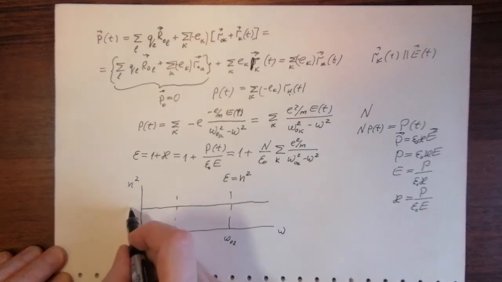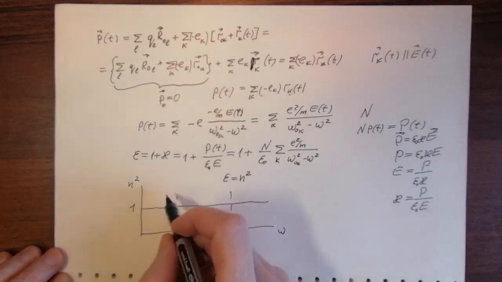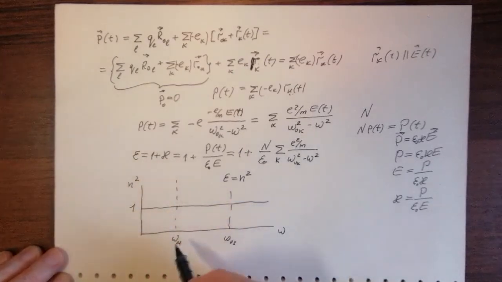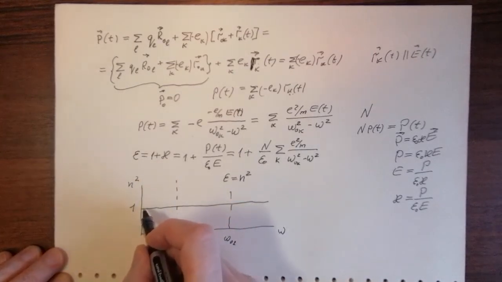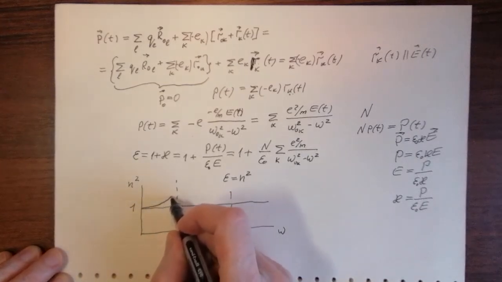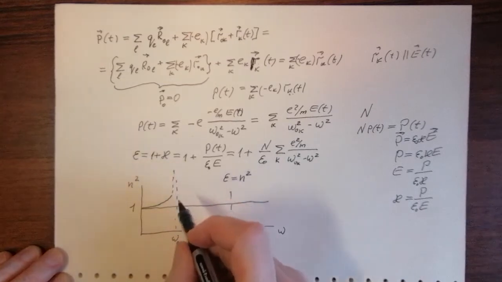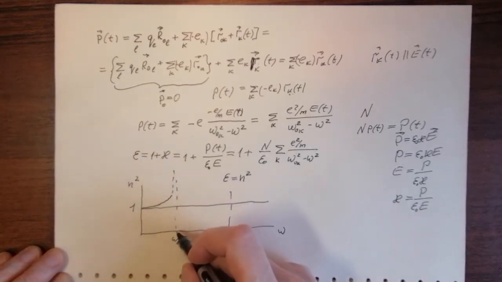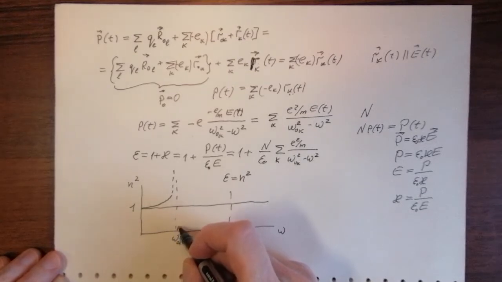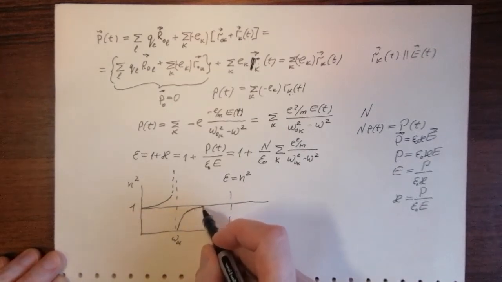And this level is 1. Then, as I already said, here we will see something like this curve. It goes to infinity, and from this side it comes from infinity and goes this way to 1.